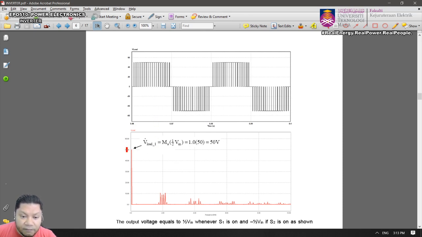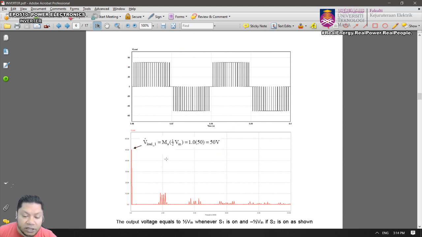It consists of a fundamental component, and this fundamental component can be calculated using this equation: whatever the modulation index is, multiplied by the amplitude of your pulse here. So here half of the E, because this is a half bridge, isn't it? And because this is a half bridge, the modulation index is multiplied by half of the input, therefore the fundamental will be equal to 50 volt.